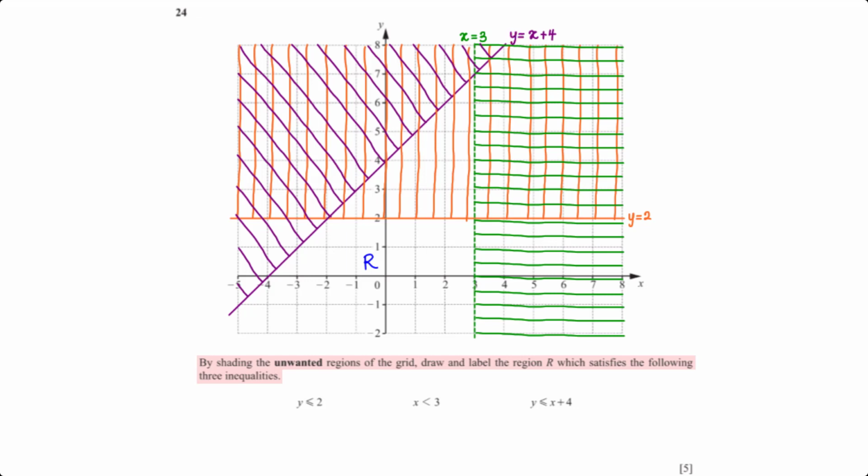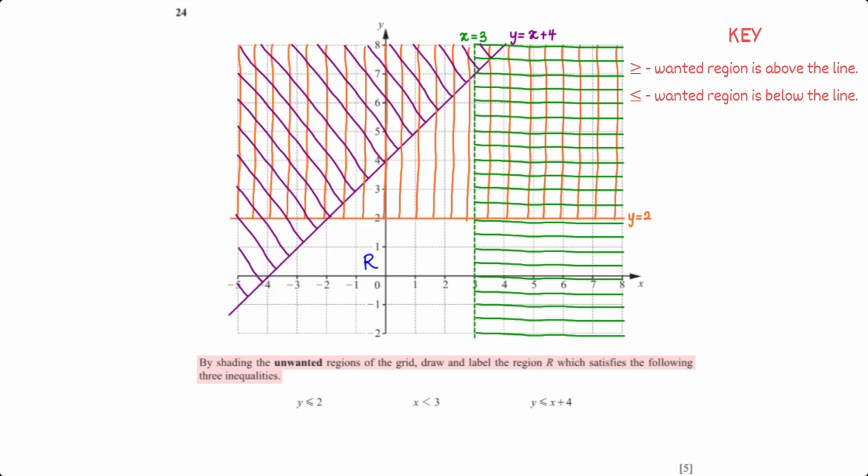After drawing these lines, we can start shading the unwanted regions. For y is less than or equal to 2, the wanted region is below the line y equals 2, and so we shade the region above the line. For x is less than 3, the wanted region is below or to the left of the line x equals 3, and so we shade the region above or to the right of the line.